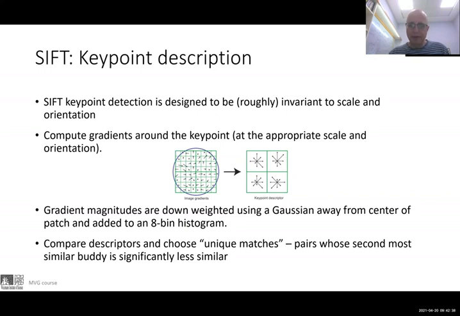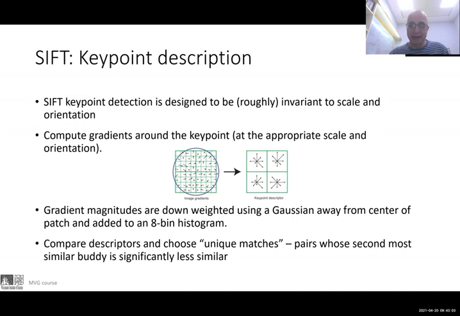You take a feature, you look for corresponding or similar descriptors. If you find one point in the other image that has a similar descriptor, and all the other descriptors in that image are not so similar, there is a gap between the similarities, then this is called a unique match and you want to use it.